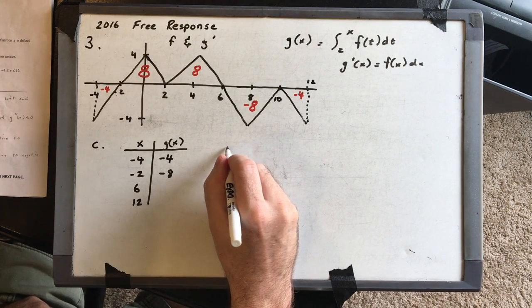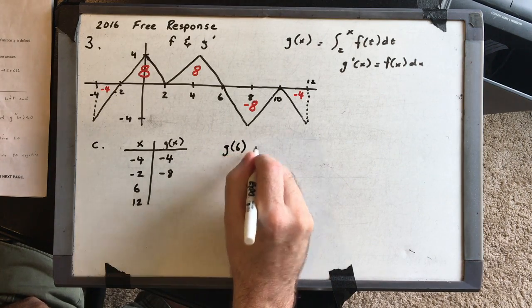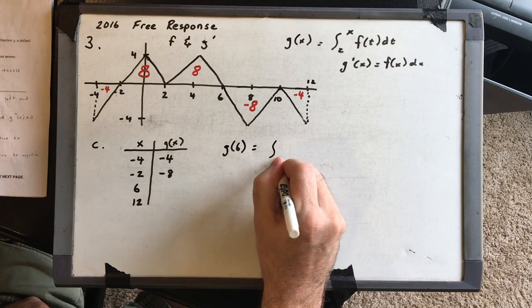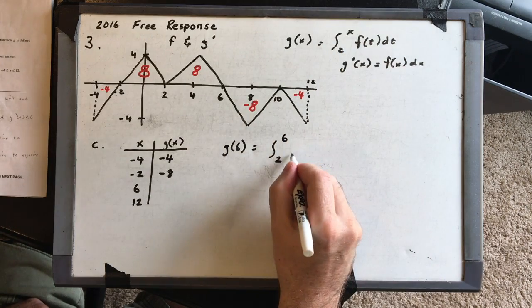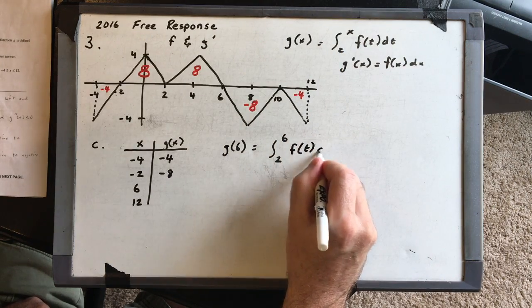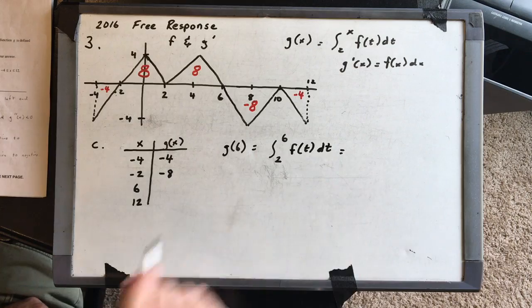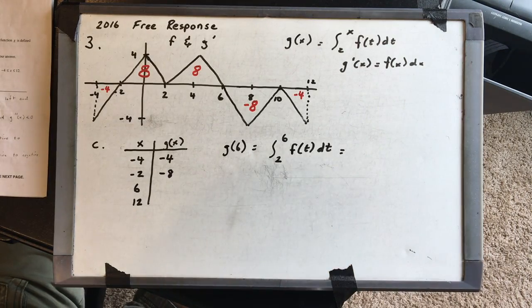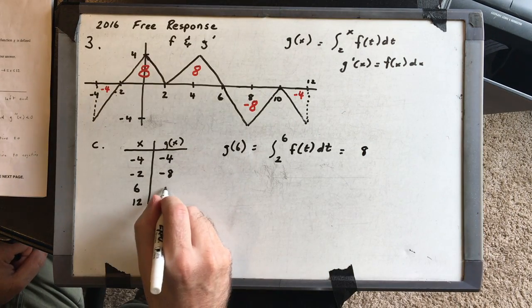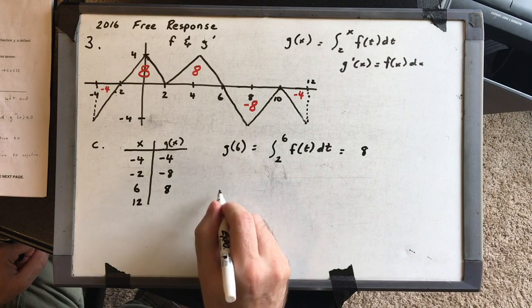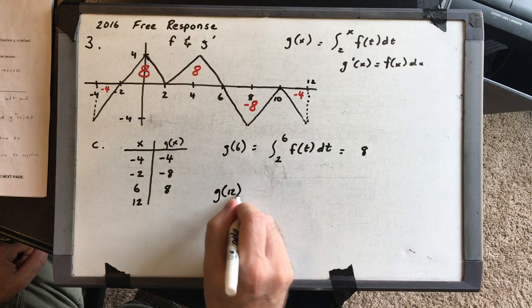Now let's get g of 6. That's going to be the area under the curve from 2 to 6 of f of t dt. This one's not so hard. I don't have to change anything. The area from 2 to 6 is 8. And then we need to get g of 12.